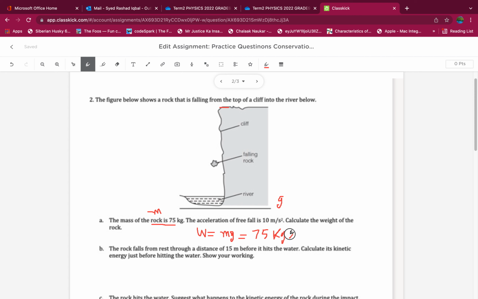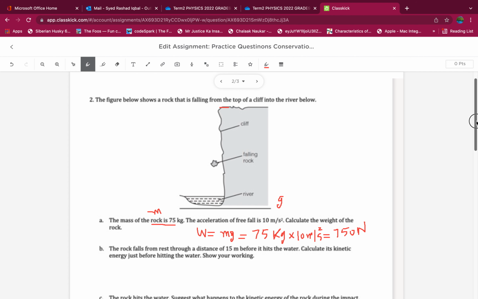The value of g is 10 meter per second square. So if you multiply 75 with 10 meter per second square, you will find the weight. W stands for weight. So your answer will be 750 Newton. The unit of weight is Newton because weight is also a force. So in this way you are able to find the weight.